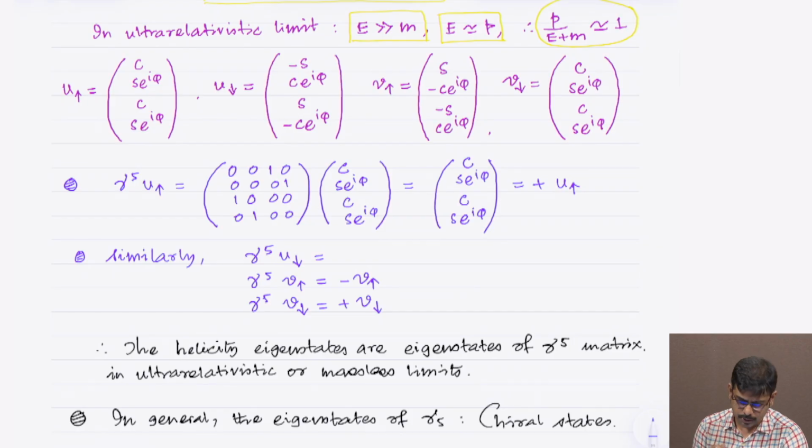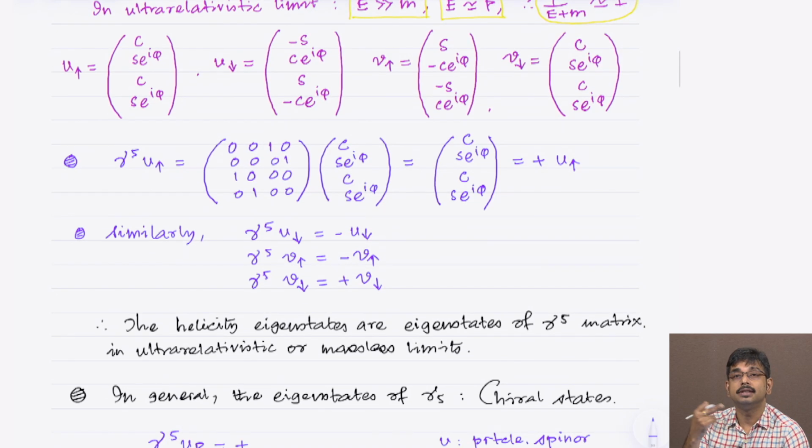That basically means that u up in the ultra relativistic limit is an eigenstate of gamma 5, and this is not only true for u up but for all the others: u down, v up and v down. You can calculate that for u down this is minus u down, that is, the eigenvalue is minus 1; for v up this is reverse, minus v up; and gamma 5 v down is plus v down. This is exactly the point that in the ultra relativistic limit, the helicity eigenstates are also the eigenstates of gamma 5.